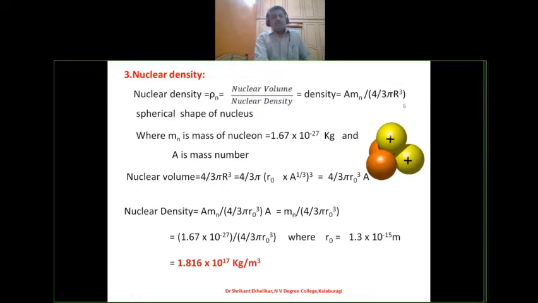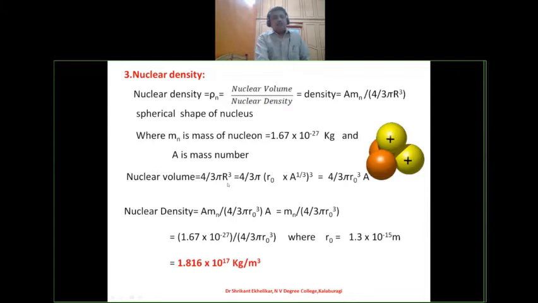The nucleus is spherical in shape, therefore volume is 4 by 3 pi r cube, where r is the radius of the nucleus. M_n is 1.67 into 10 raised to minus 27 kg. So if you calculate nuclear volume, it is a spherical shape, 4 by 3 pi r cube.